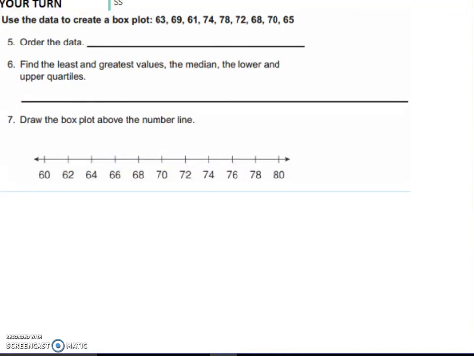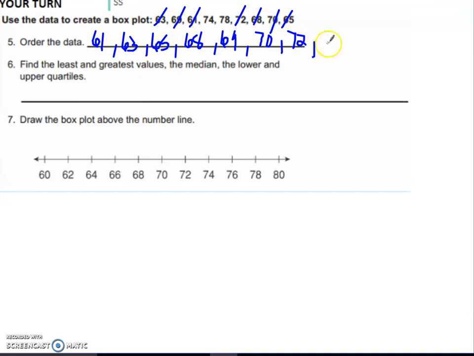Step 1, arrange from least to greatest. So we're going to start with 61, 63, 65, 68, 69, 70, 72, 74, and lastly 78.